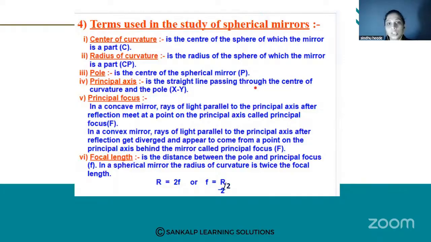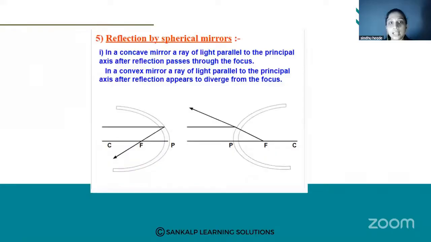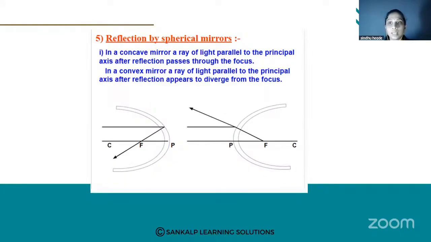I showed this diagram and explained all those things. Then this was also completed, that is reflection by spherical mirrors. These are the rules we have to follow to form the reflection in spherical mirrors.